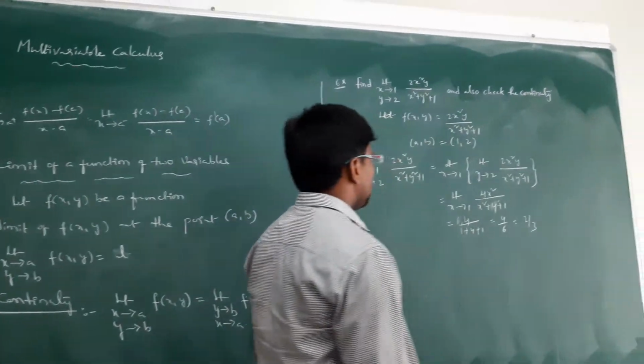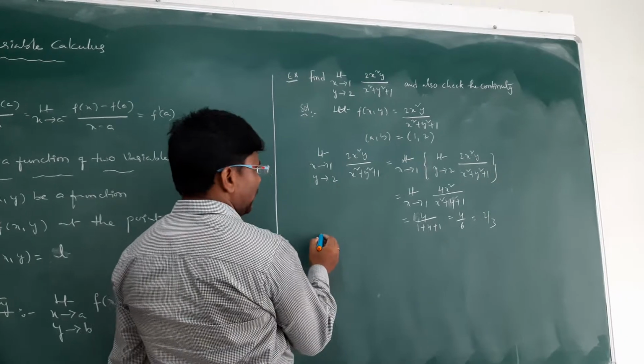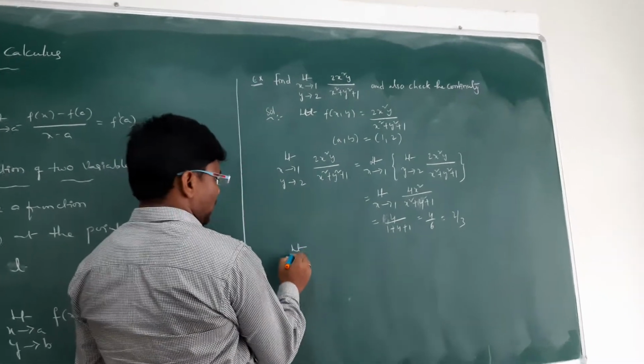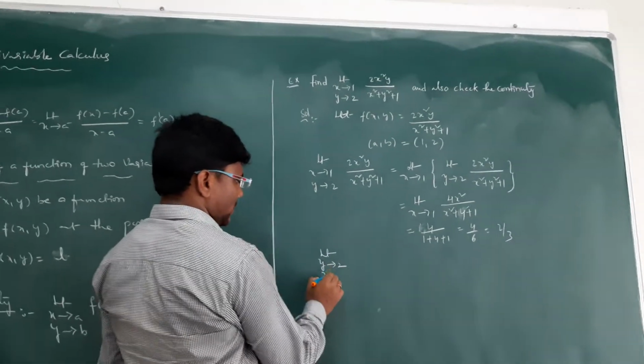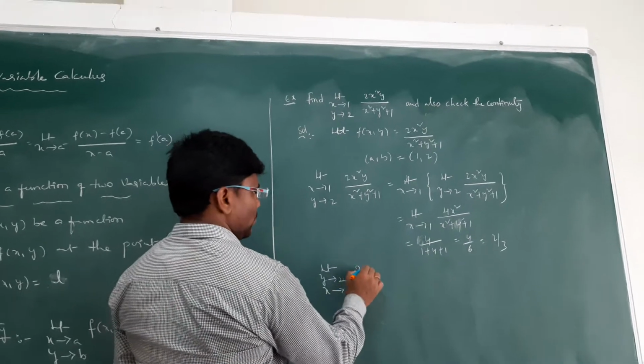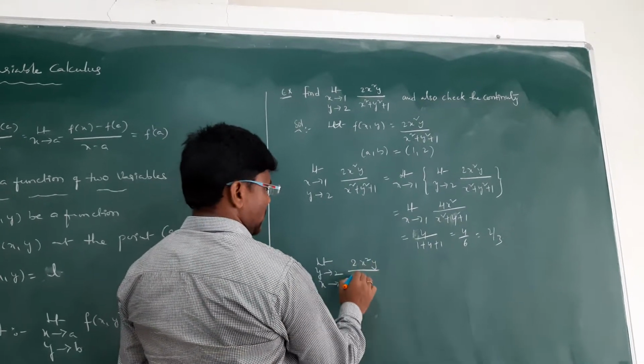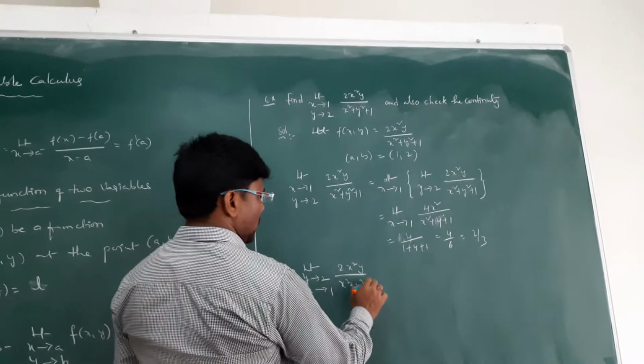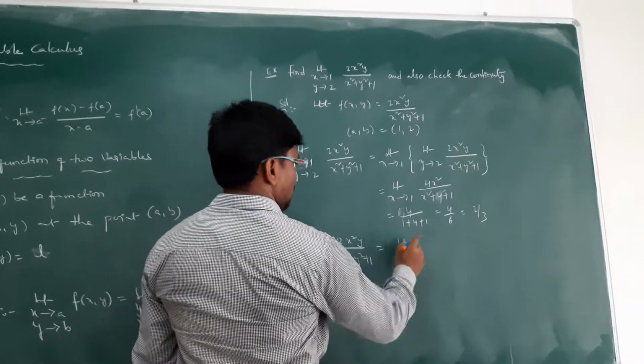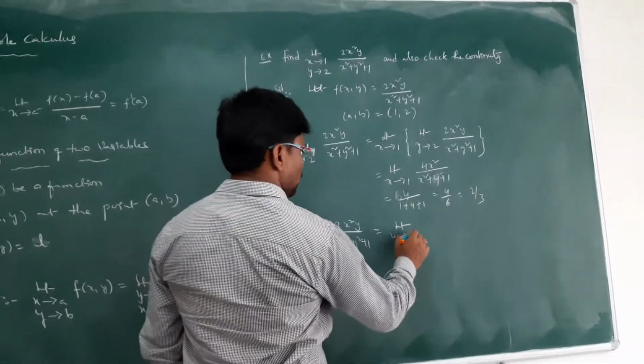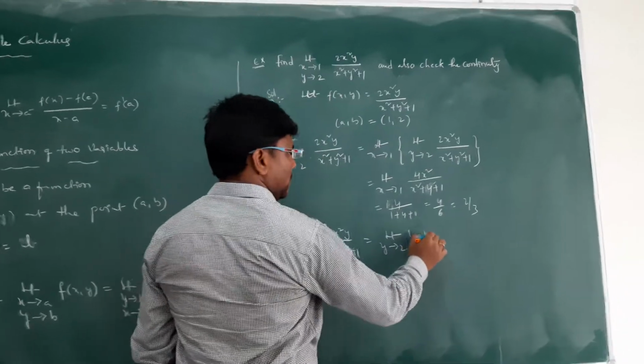How to check the continuity? Similarly, we can find the limit y tends to 2, x tends to 1, 2x square y by x square plus y square plus 1 is equal to limit y tends to 2. First apply the x limits.